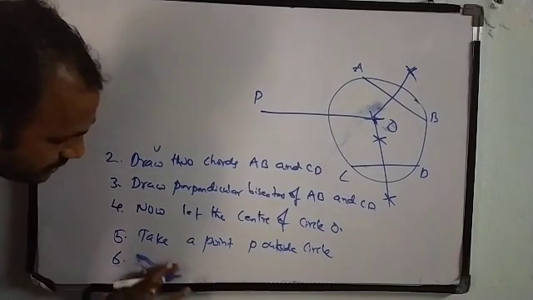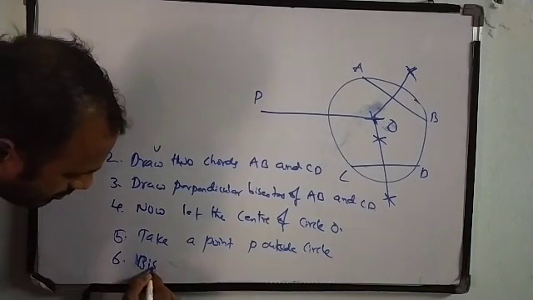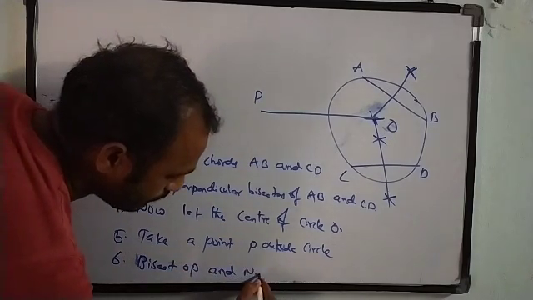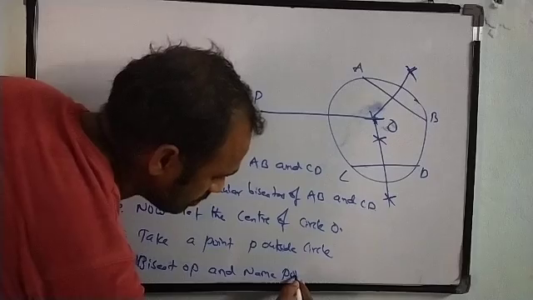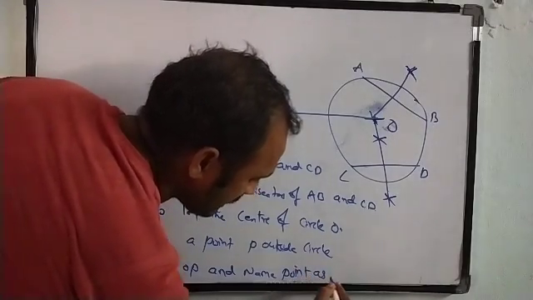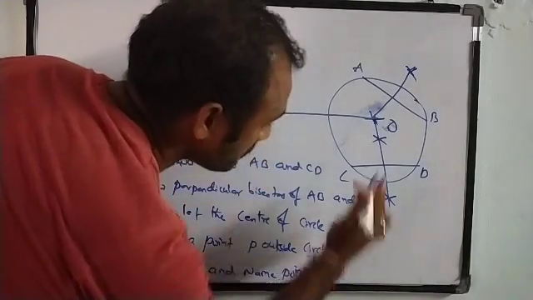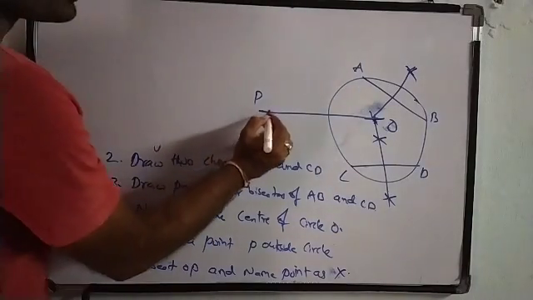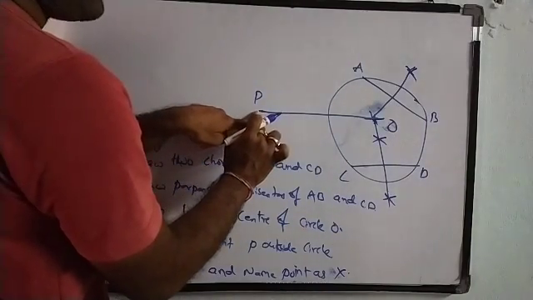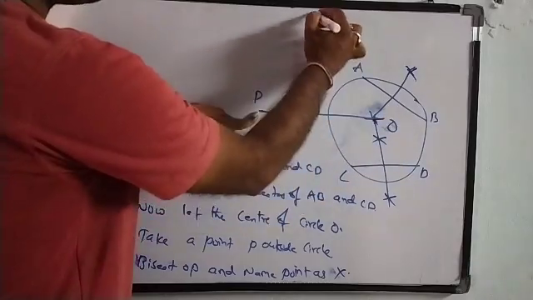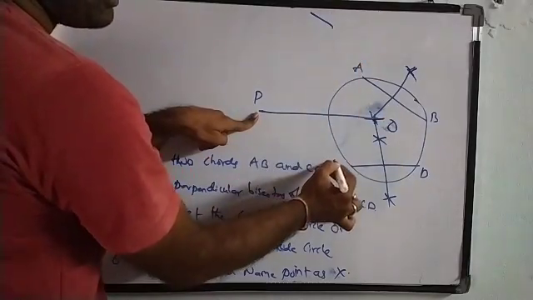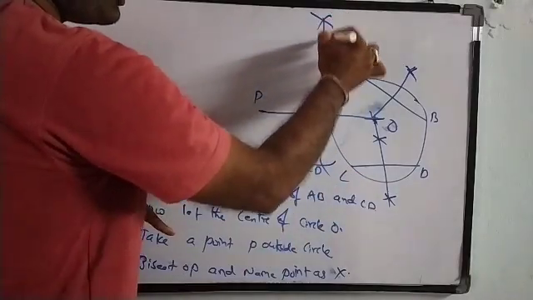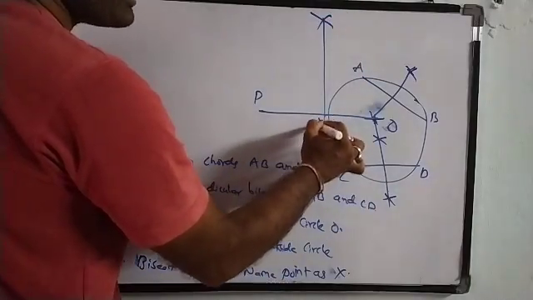Next, bisect OP and name the point. A is already used, so we can go with X. To bisect OP, with P as center and radius PO, draw one arc up and one down. With O as center, cut these arcs. We'll get the bisecting point. This point is X.